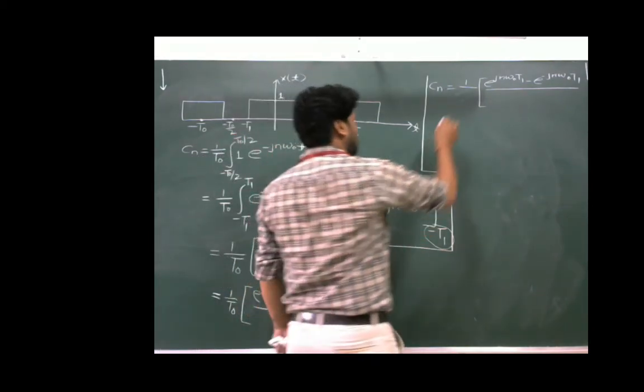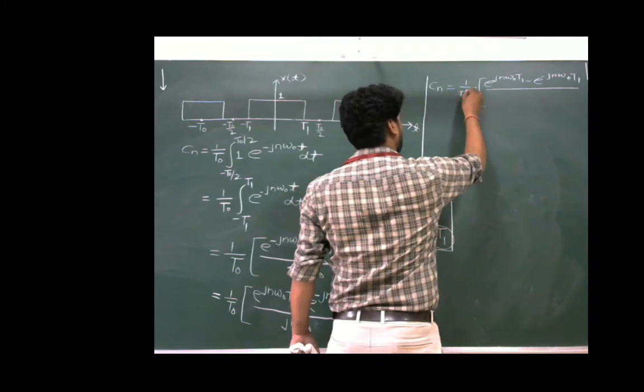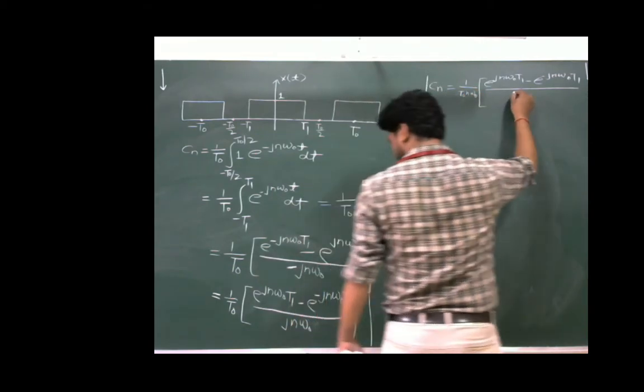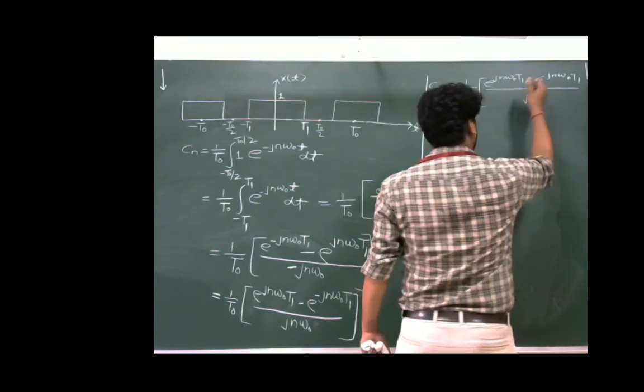This will become t naught n omega naught into, here it is j.